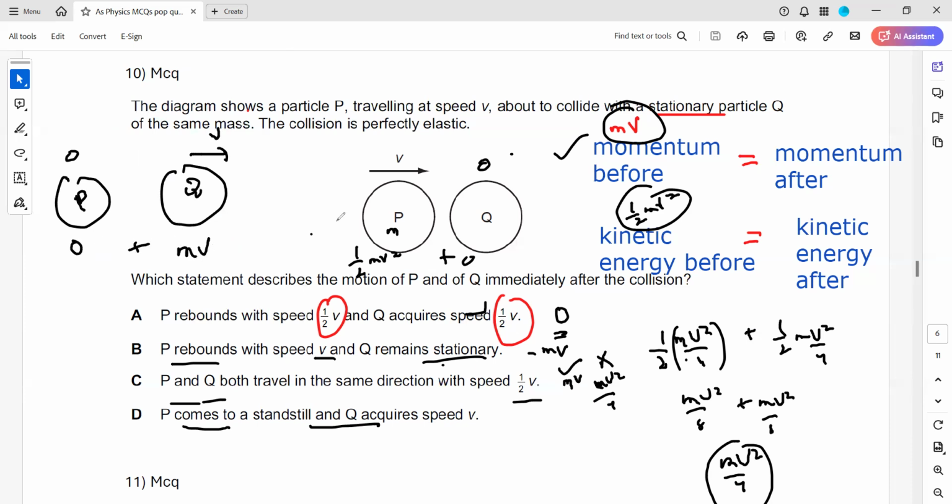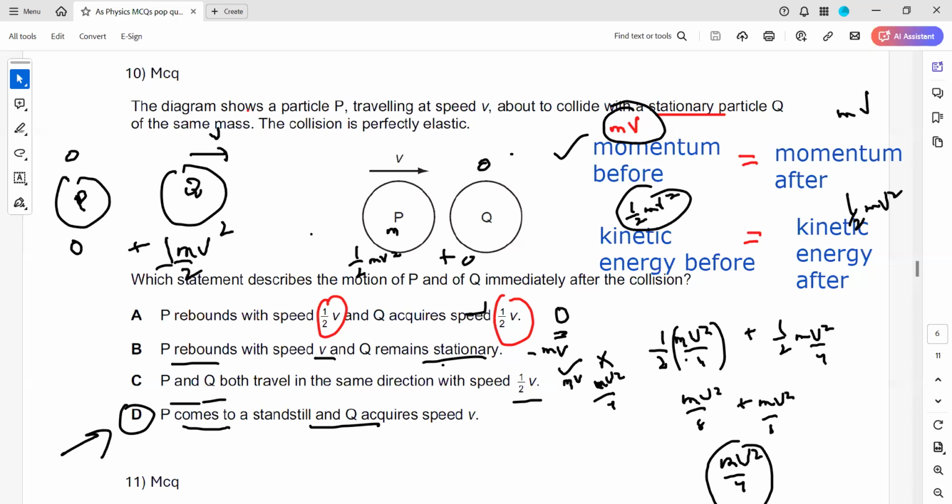This is zero, so the momentum is conserved, which is mv. What about kinetic energy? It will be half mv square. So when we substitute, the kinetic energy will also be conserved. So for option D, the momentum before equals the momentum after, and the kinetic energy before equals the kinetic energy after. That's why for question 10, D is the right answer.